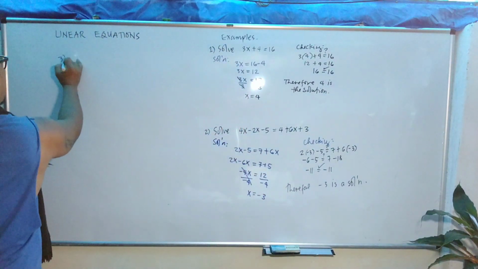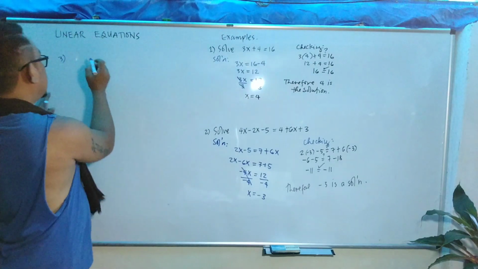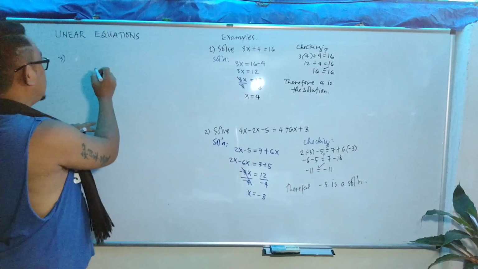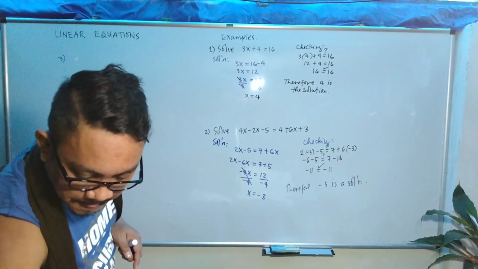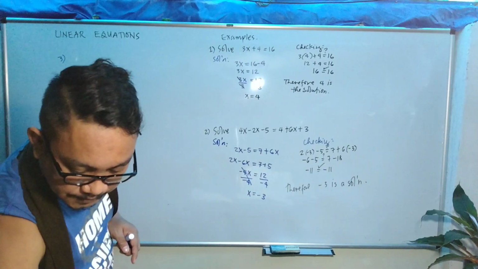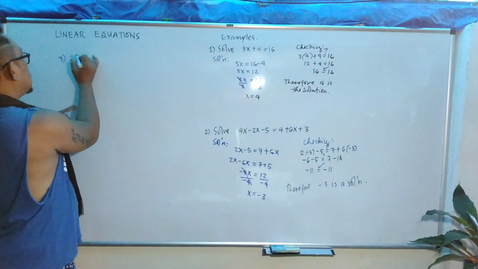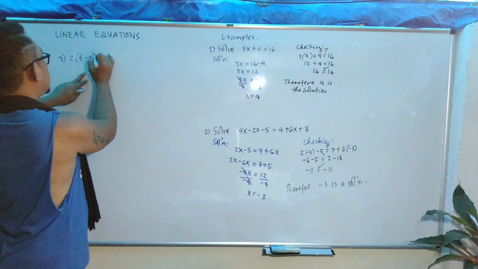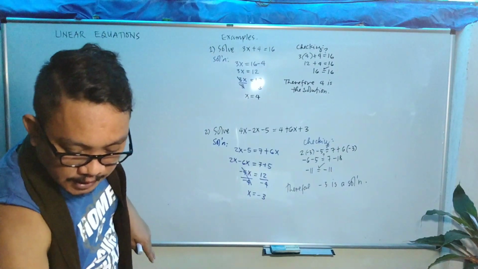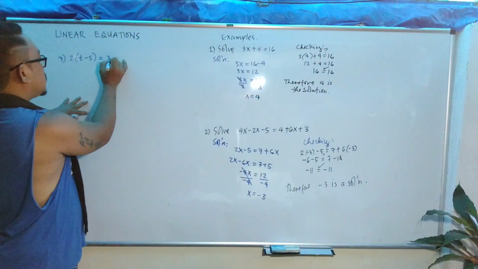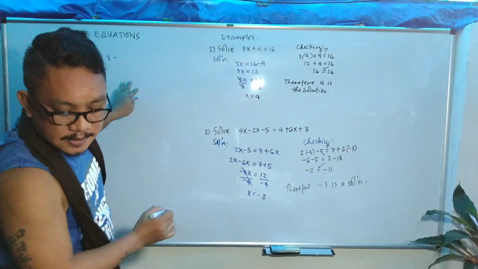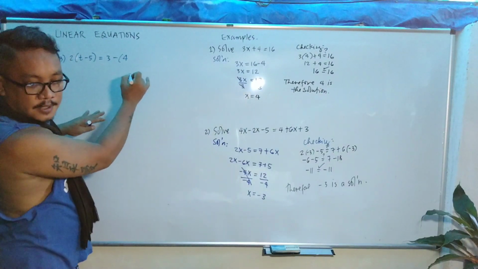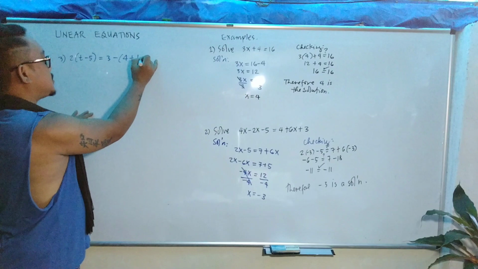So, yeah, number 3, you have 2 times t minus 5, okay, is equal to 3 minus 4 plus t.